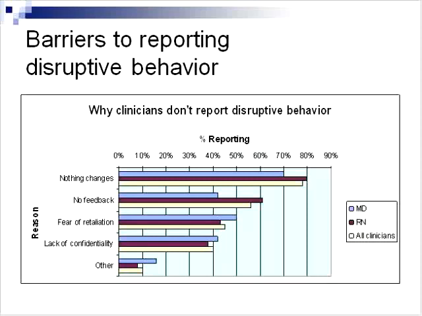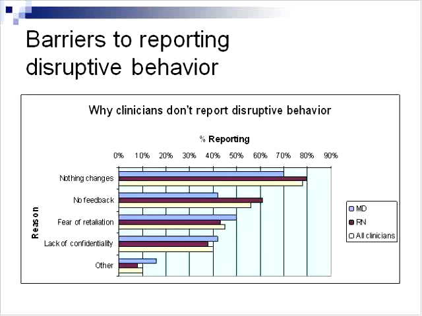The second most frequent reason for not reporting is that there's no feedback, and that's something entirely in our control if we're the ones investigating disruptive behavior. The person reporting a disruptive behavior event should get some sort of feedback that there was action taken, and that their concern didn't fall into the proverbial black hole, and that we just ignored it and didn't do anything about it.